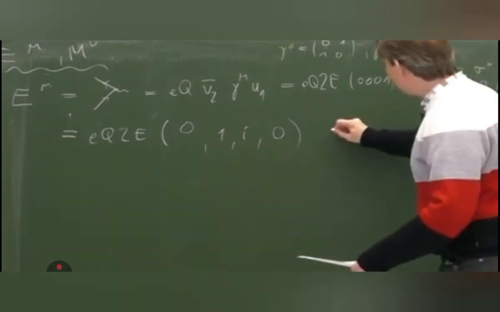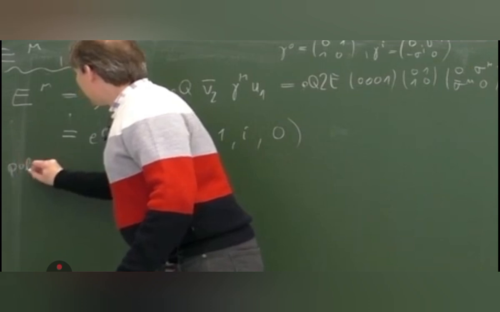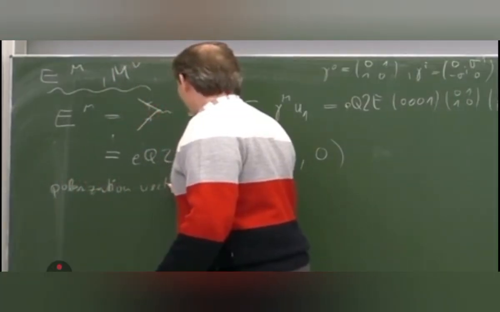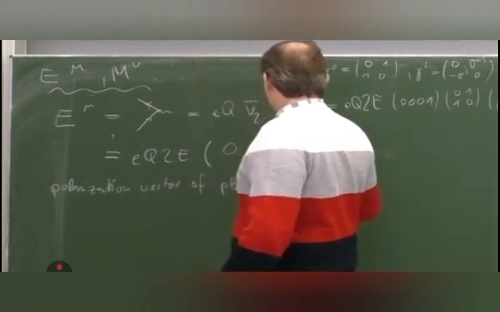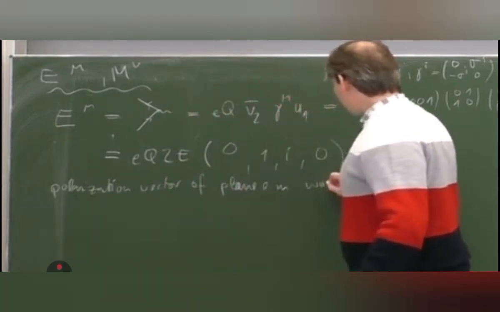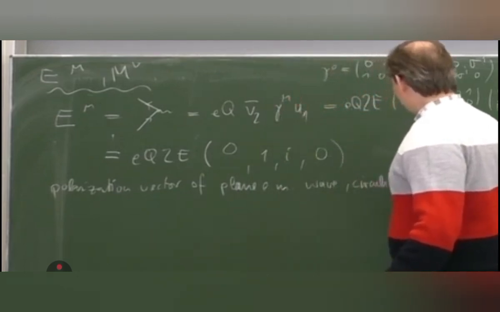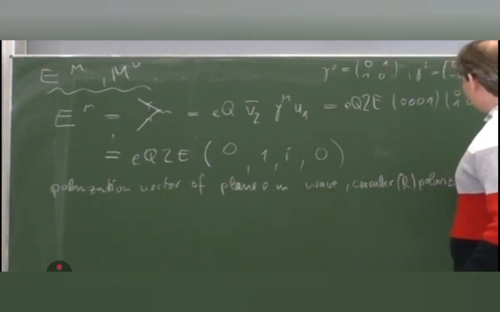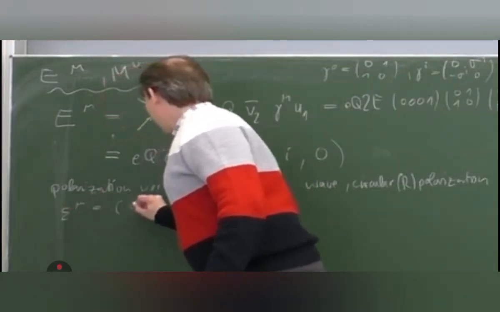This corresponds to a polarization vector of circular polarization of a plane electromagnetic wave in classical electrodynamics, circularly polarized in a right-handed way, exactly as it corresponds here to the initial state. So this can be written as a polarization vector of a plane electromagnetic wave with circular right-handed polarization, epsilon mu equal to exactly this.